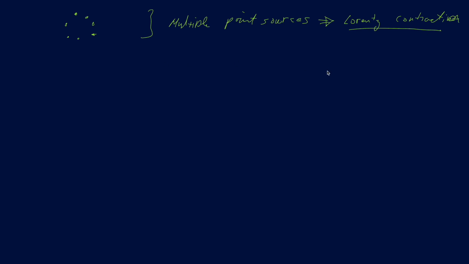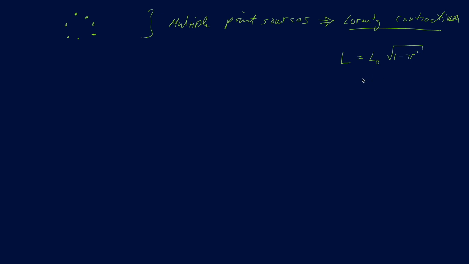So let's remind ourselves how Lorentz contraction works. The equation of interest just says the following. It says that the length of a moving object is given by its length at rest, L0, times the square root of 1 minus v squared, in natural units where c is equal to 1.